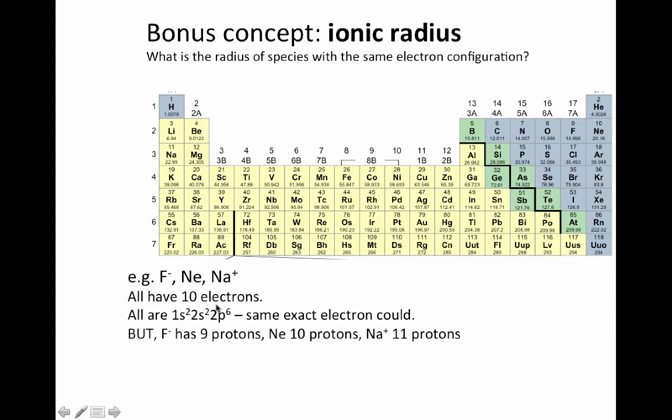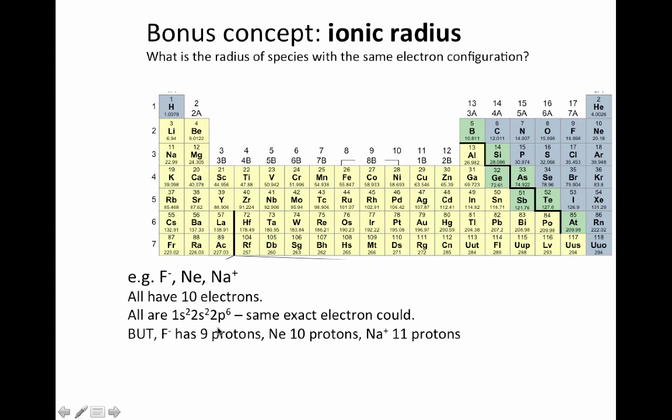All of these, if you think about it, have 10 electrons, because fluorine starts with 9, but if you go to F minus, then it has an extra one, so it becomes 10, like neon. Sodium, similarly, starts with 11, but if you go to Na plus, you're losing one, so you're going back to 10. So these all have 10 electrons.